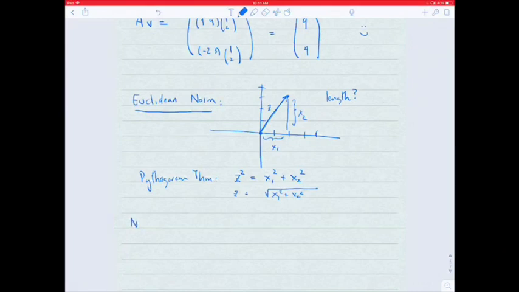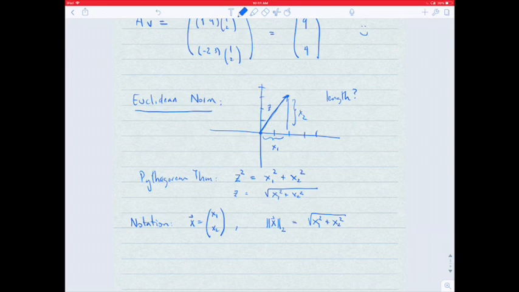And the notation is as follows. Let me write my vector x with components x1 and x2. Its Euclidean norm is denoted by these 2 double lines around x, with a subscript 2, and it is equal to the square root of x1 squared plus x2 squared.